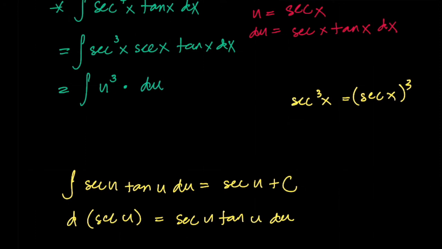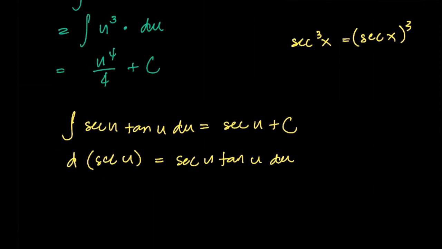And as simple as this, now, mapansin nyo, this is no longer a trigonometric integral. Ang gagamitin lang natin dito is power rule. So, para ma-simplify, u raised to the fourth power over 4 plus c. And as simple as that, makuha na natin kaagad yung answer.